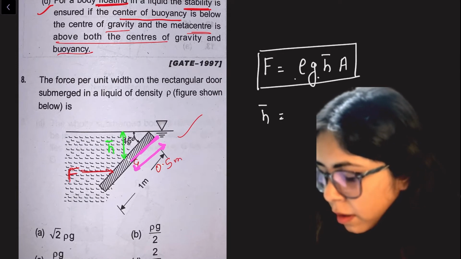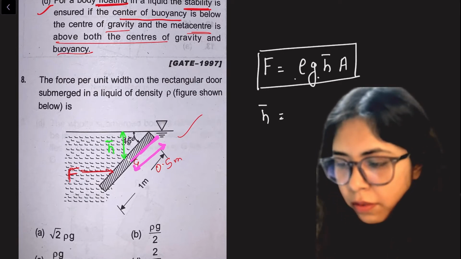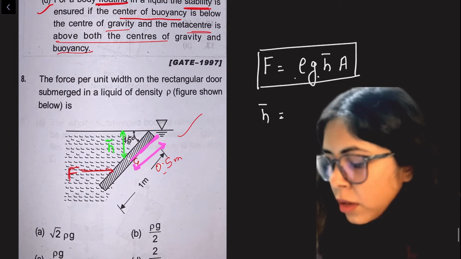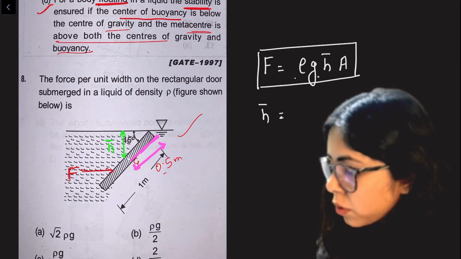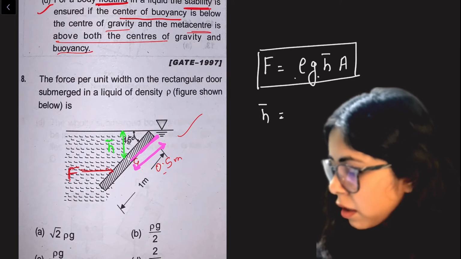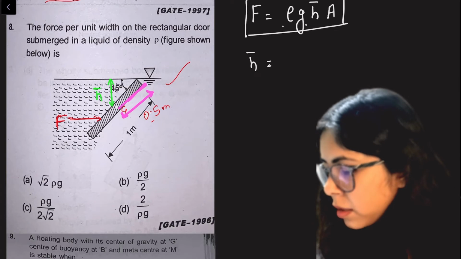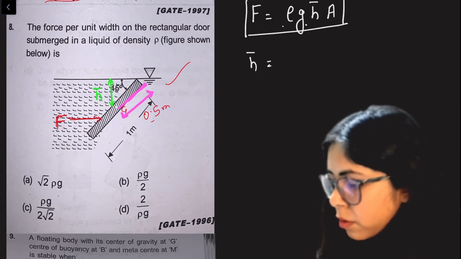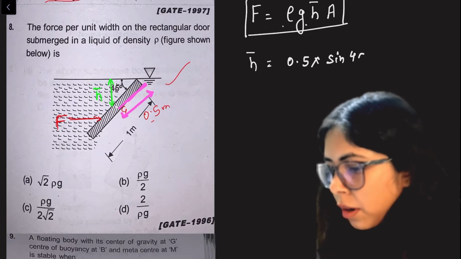And 0.5 into sine 45 will give you the h bar value. It is just simple trigonometry. h bar is 0.5 into sine 45.